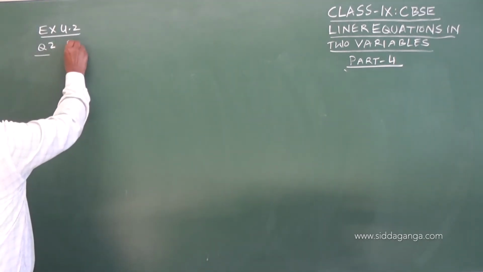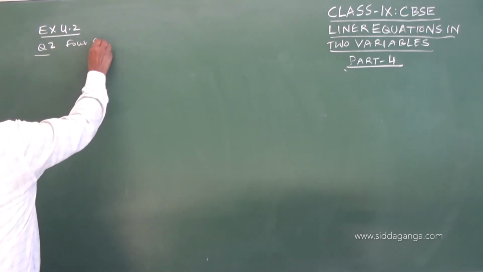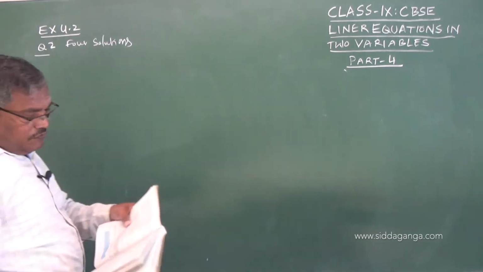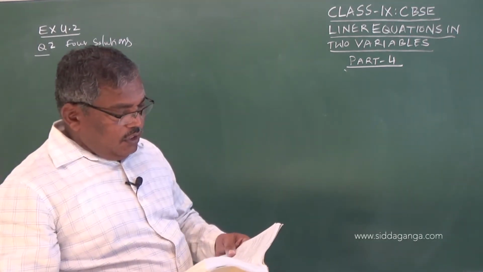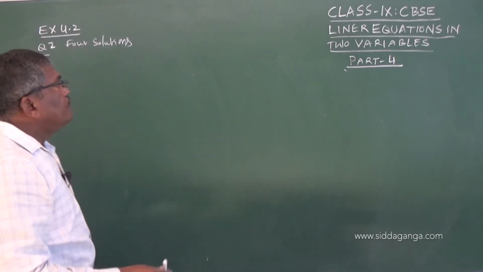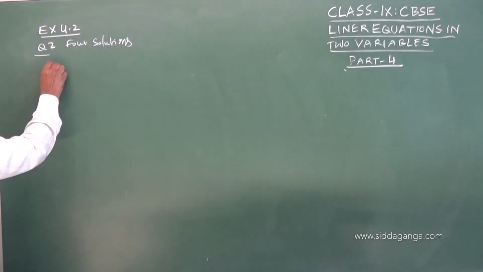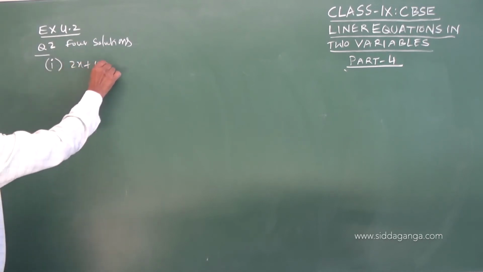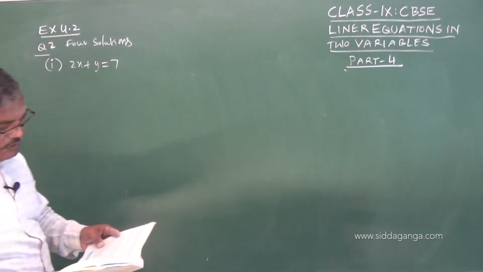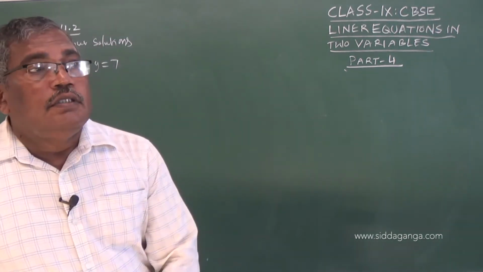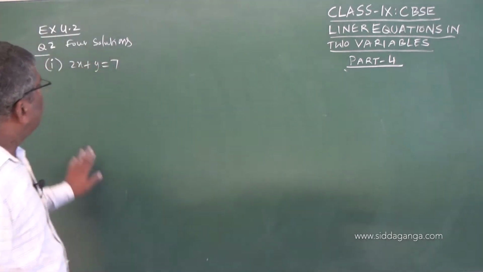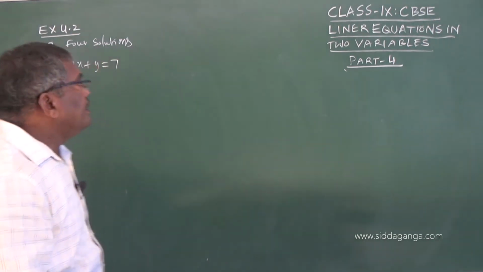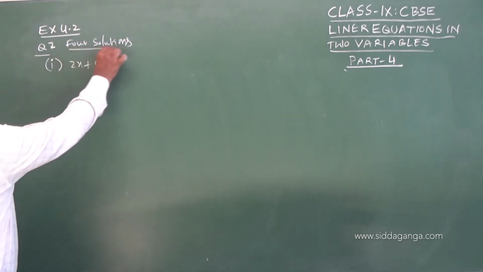So, 4 solutions we have to find out for each of the equations given. 2x plus y equals 7 is the first one. So, first sub question, 2x plus y equals 7. Now, you take some values for x and find out the value of y. So, 4 solutions we have to find out.